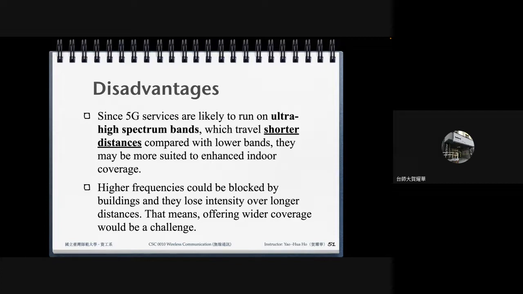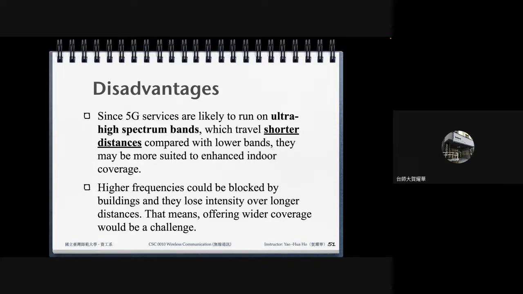Therefore, 5th generation connection is much more suitable for indoor coverage, not for outdoor, not for long distance, and not for when you are traveling on the highway. Because it uses such a high frequency, it could be blocked by buildings, which can make you lose the connection right away or lose intensity over long distance. So if you want to offer wide coverage, this can be a challenge on 5th generation.